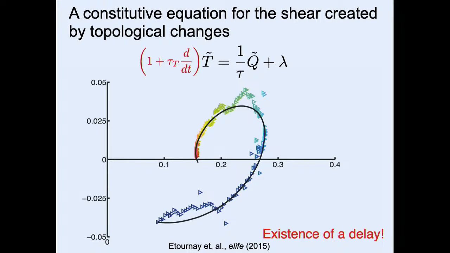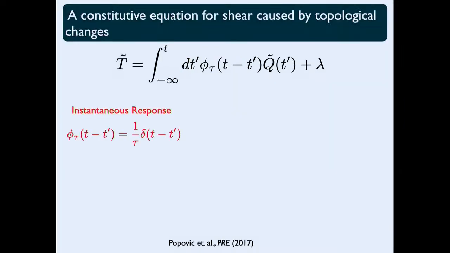It happens with a delay. And that delay gives rise to this kind of non-monotonic profile, and one can estimate those parameters from the experiment. And again, what is the meaning of this delay? The meaning of this delay is the following. You can think of this delay in terms of a response. Suppose you have the T1 transition depending on this Q.